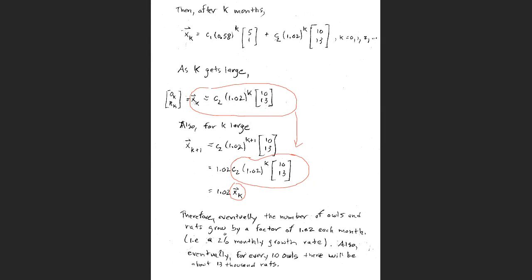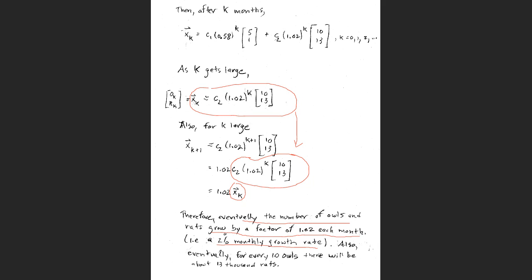First of all, eventually, the number of owls and rats will grow by a factor of 1.02 each month, which is a 2% monthly growth rate. So that means that the owls and rats are not going to go extinct. They're going to grow, but it's a small growth rate.